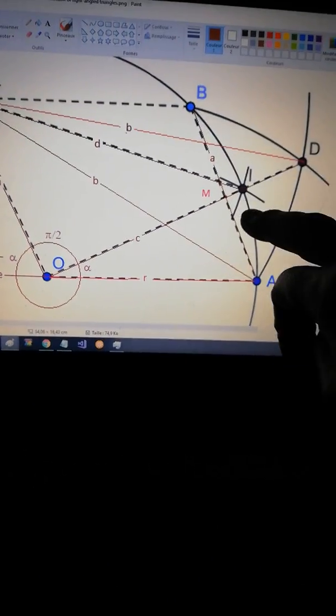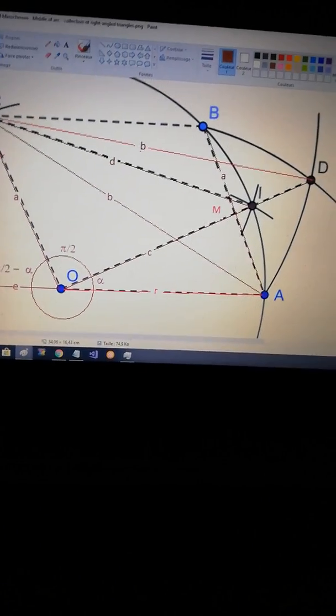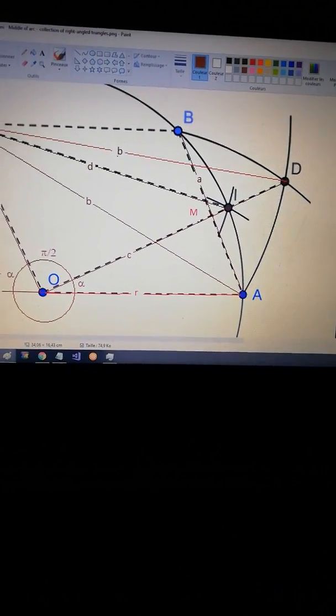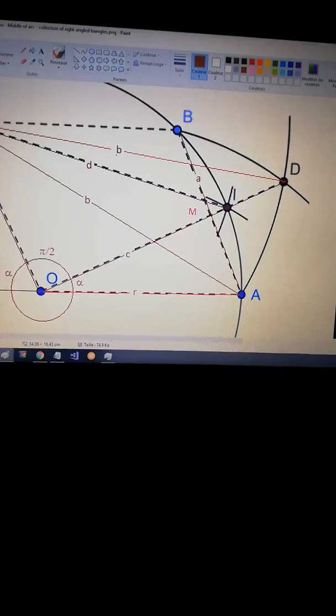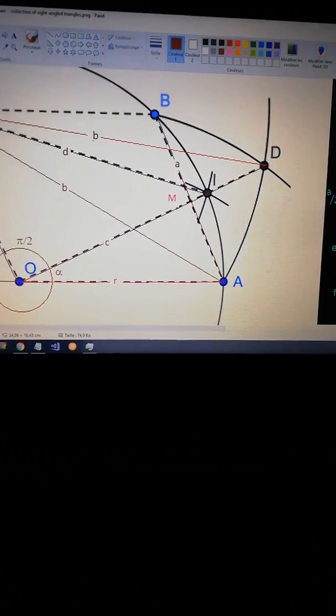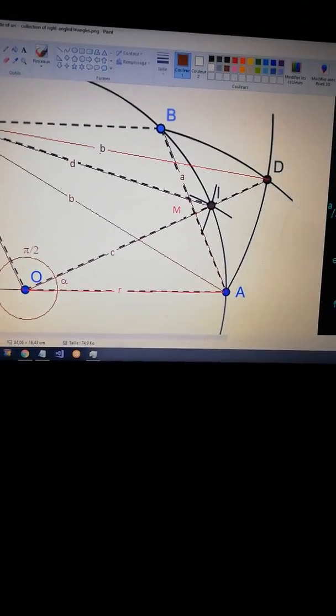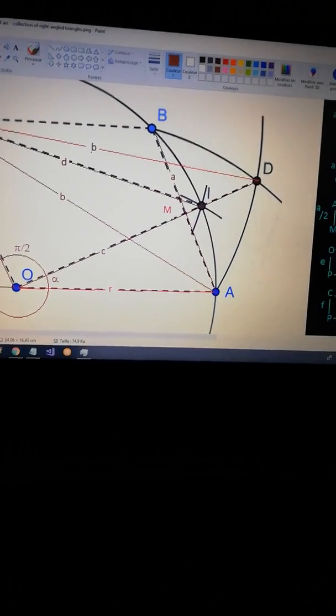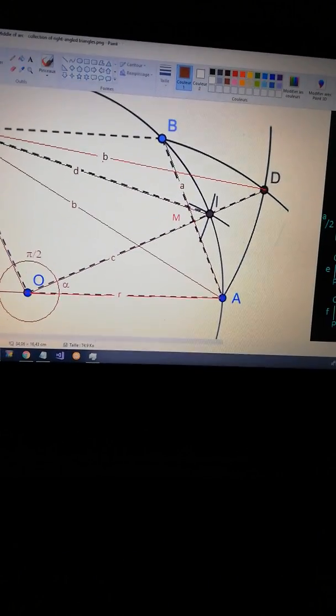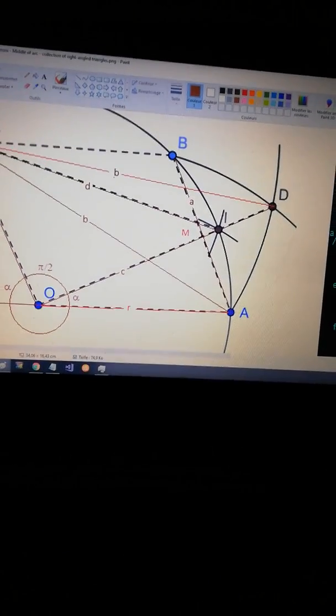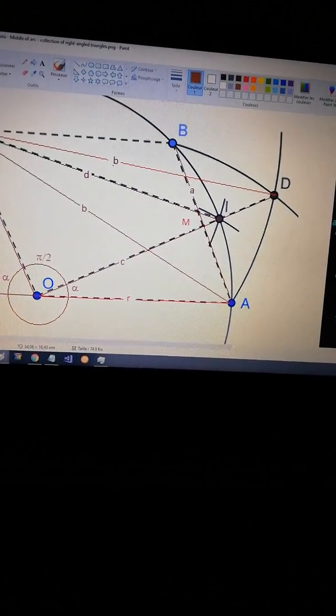So we have the circle and those two arcs, and they intersect nicely in the same point. Well, this is rather amazing that you can do that like this. So it is only by using a compass.